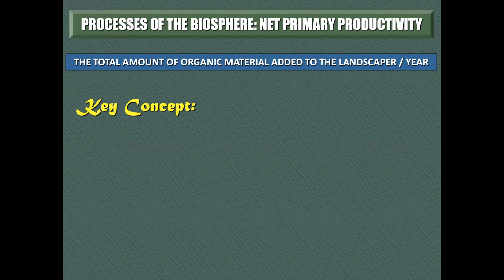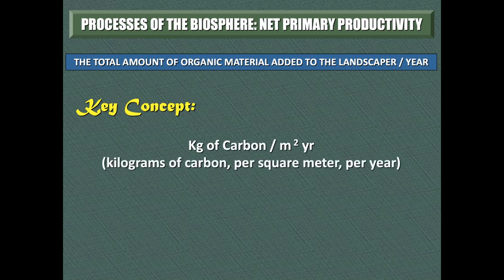So net primary productivity, when you combine these two processes, is the total amount of organic matter or material added to the landscape per year. So it's in kilograms of carbon per meter squared per year. Okay.